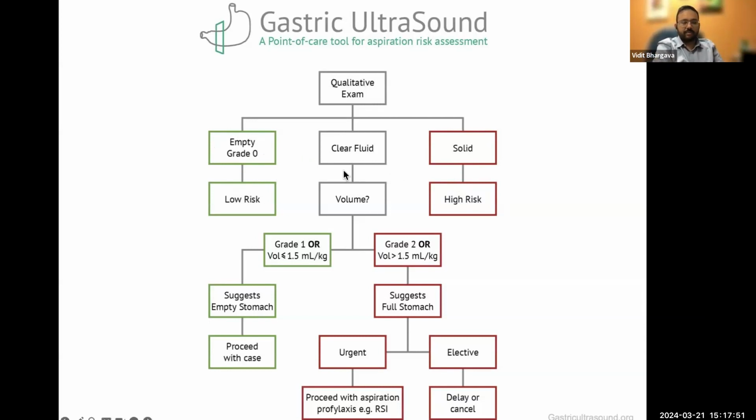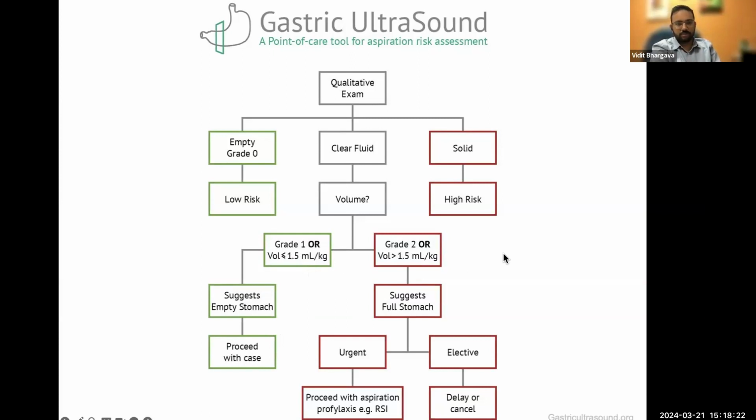When they see clear or effervescent fluid in the stomach, they do gastric volume measurement using the equation we talked about. And then the volume is broken down into grade 1 and 2. Grade 1 usually suggests more or less empty stomach with some gastric secretions and is safe to proceed with anesthesia, versus if it's grade 2 with these volumes, then either delay or proceed with caution.